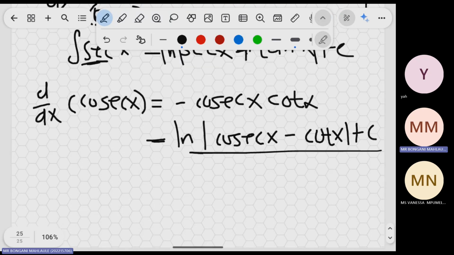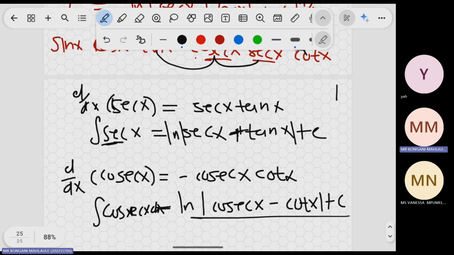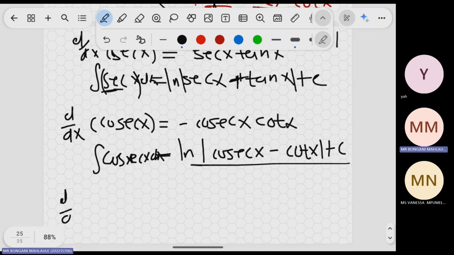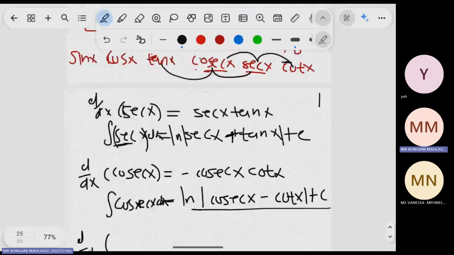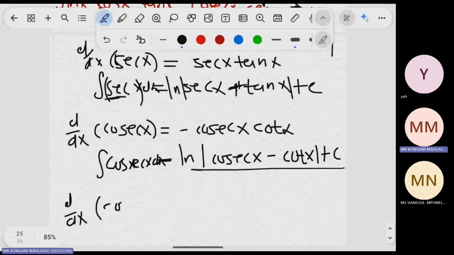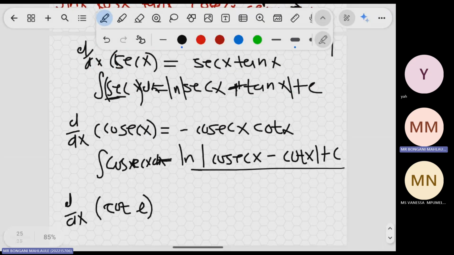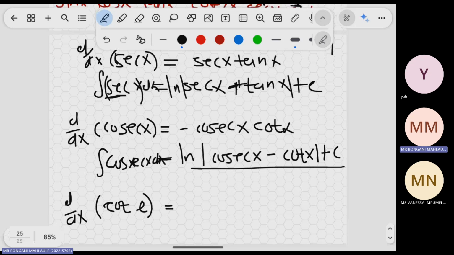Guys, I hope you are following this. Then the last one is cosec squared x and cot. What was the derivative of cot x, guys?